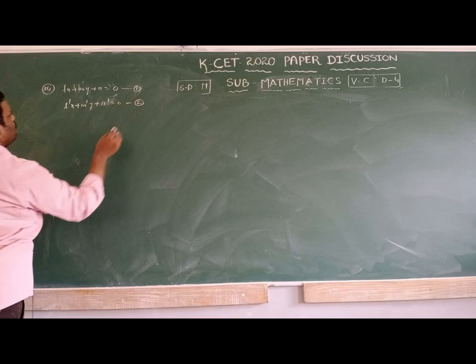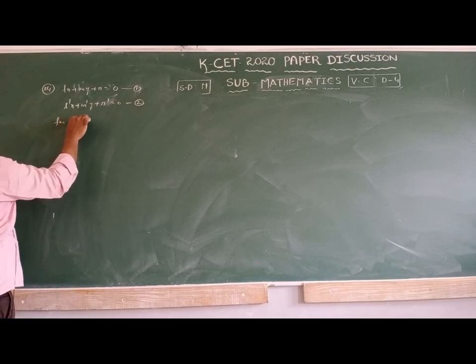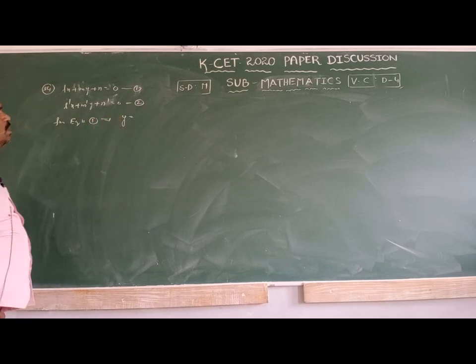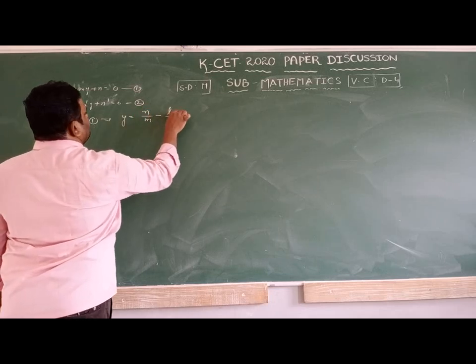Equation 1, equation 2. From equation 1, if you want the slope, y is equal to minus n by m minus L by m x.